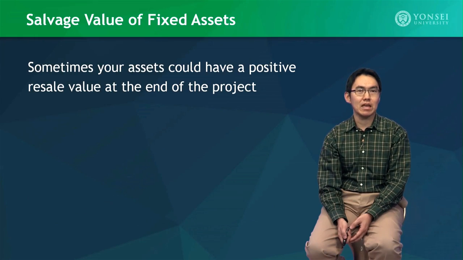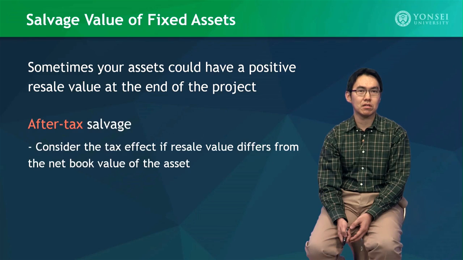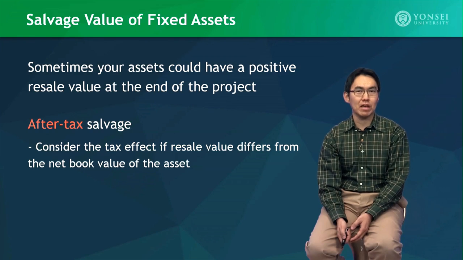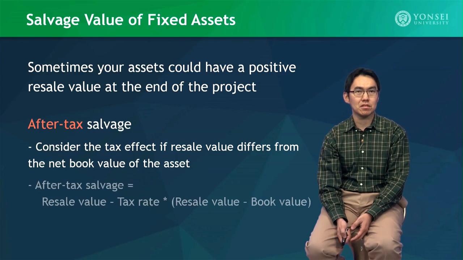How about salvage value? Sometimes assets have a positive resale value at the end of the project. But remember, we should use the after-tax cash flow from salvage value. If the actual resale price happens to be greater than the net book value of the asset, we should pay taxes for the difference.